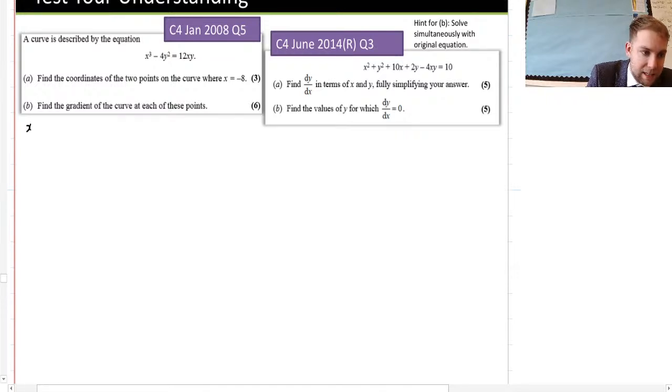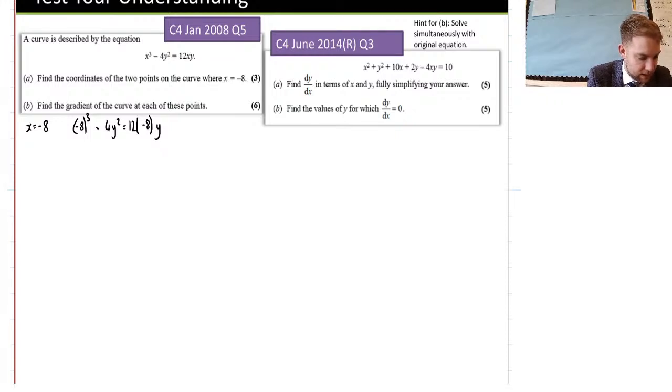So when x is equal to -8, we're going to sub in, so it's going to be -8 all cubed minus 4y squared is equal to 12 times by -8 times by y. So -8 all cubed is equal to -512.